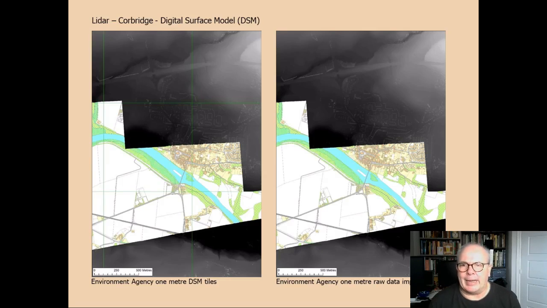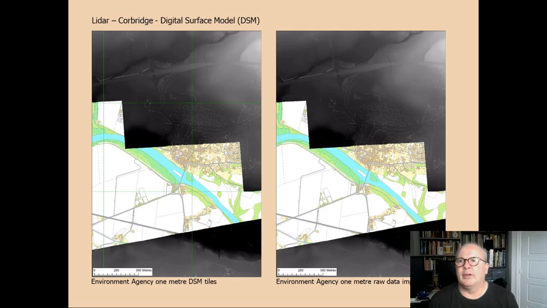You'll see as we progress through the types of data for Corbridge that in the real world everything isn't quite as rosy as it should be when it comes to things like LiDAR data. So you think you've got LiDAR coverage for the whole of your area, and lo and behold, when you download it, you find that you've got LiDAR data with a big hole in it.